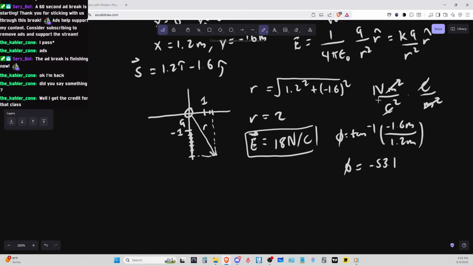Okay, so now we can do the vectors. So 18 cosine of negative 53 i plus 18 sine of negative 53 j.